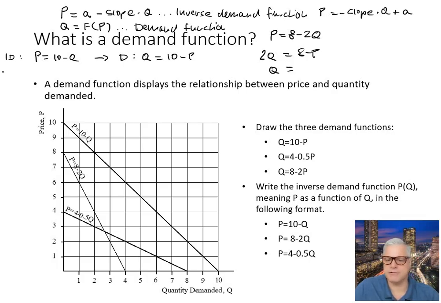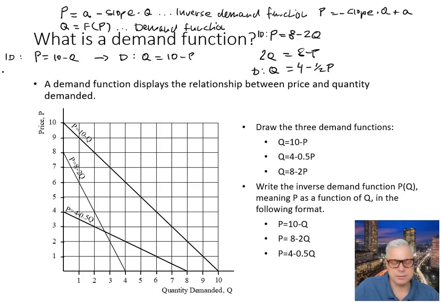And then the demand function would be Q equals 4 minus 1/2 P. Whenever we draw it, it's a little bit more convenient to start out with the inverse demand function. So this was again the inverse demand function, and after rearranging terms we get to the demand function, which is this one.